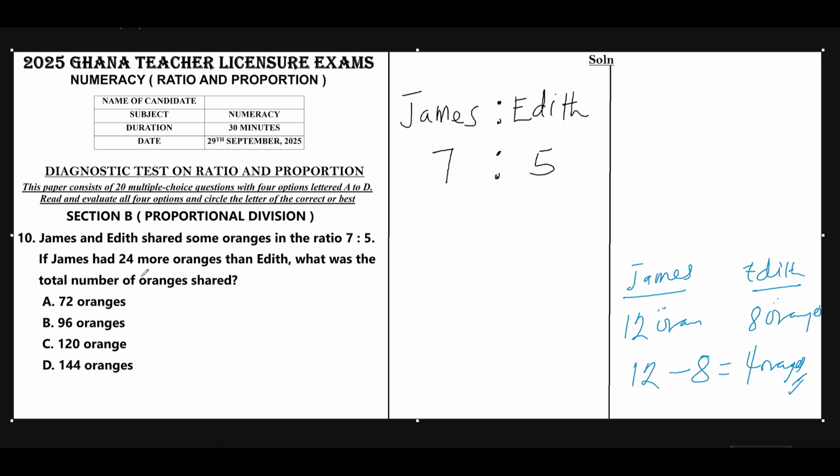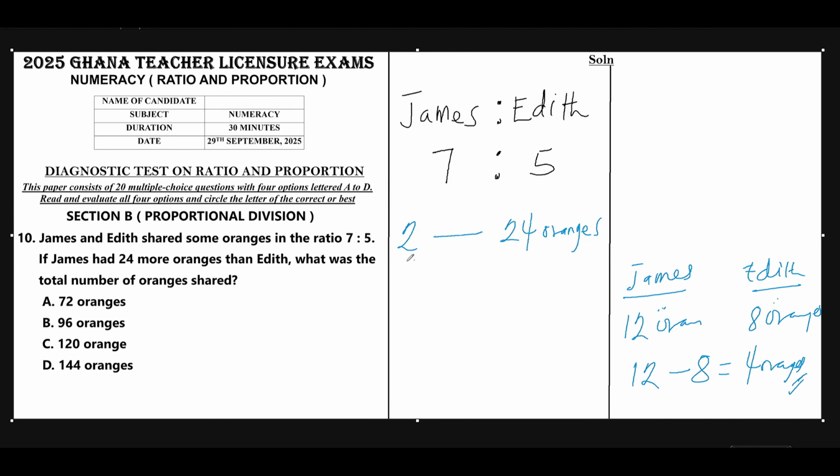If the difference in the number of oranges is giving us 24, then the ratio that corresponds to 24 must be the difference in their ratio. So the difference in their ratio, that is 7 minus 5, should give us 2. So it is clear that the ratio 2 must correspond to 24 oranges.